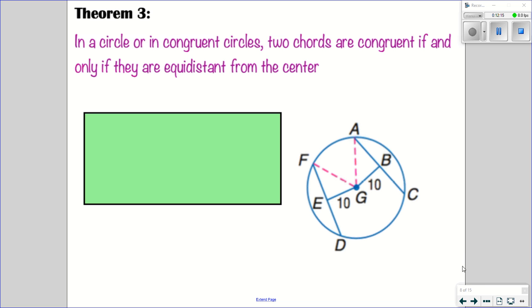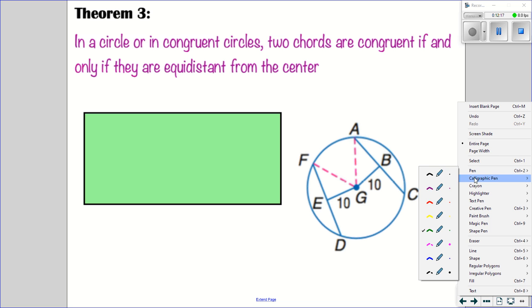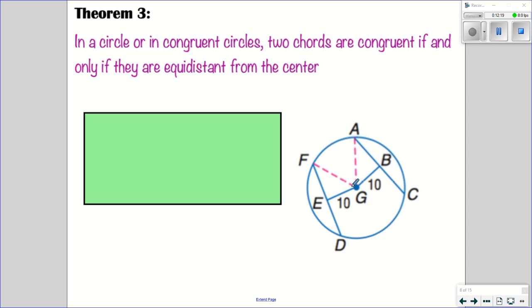And notice that the chords are 10 whatever units away from the center, so they are equidistant. So I'm going to mark that up so that way you know what we're dealing with. So this is congruent to that. This is also congruent to each other, and that means the chords are going to be congruent to each other also.